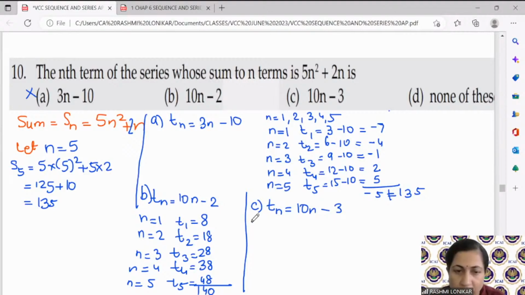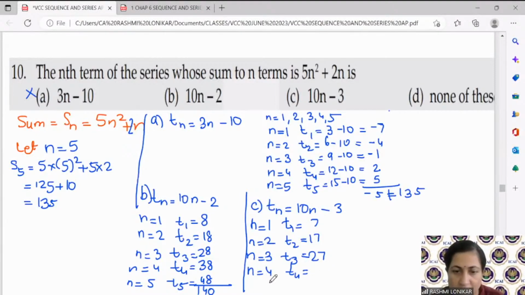Okay. Now n is equal to 1. T1 is equal to 10 minus 3, 7. N is equal to 2. T2, 20 minus 3, 17. N is equal to 3. T3 is equal to 30 minus 3, 27. N is equal to 4. T4 is 40 minus 3, 37.